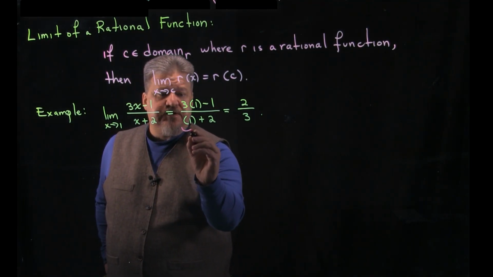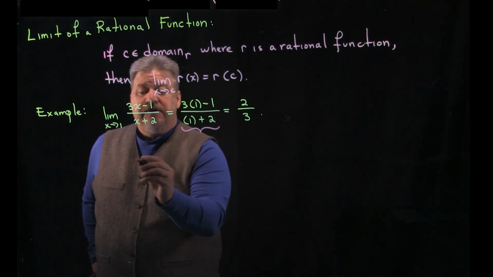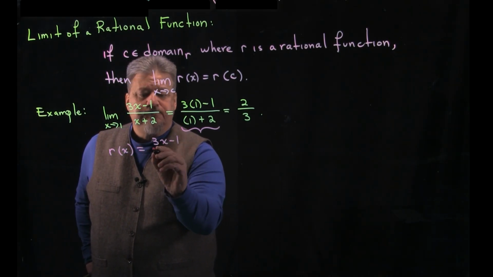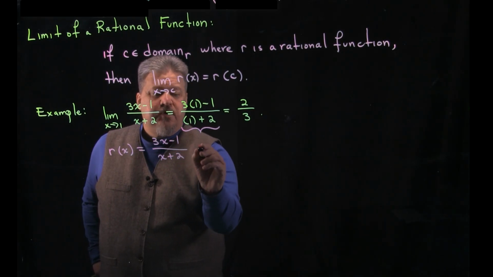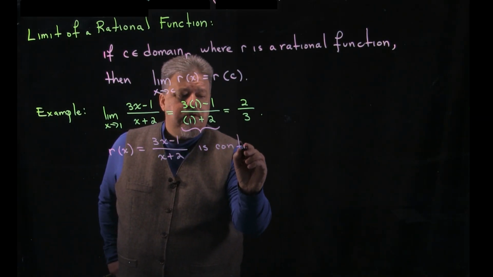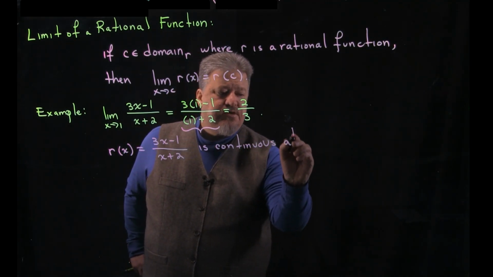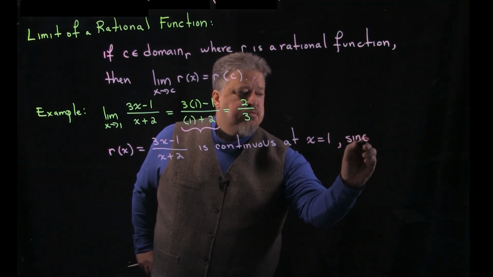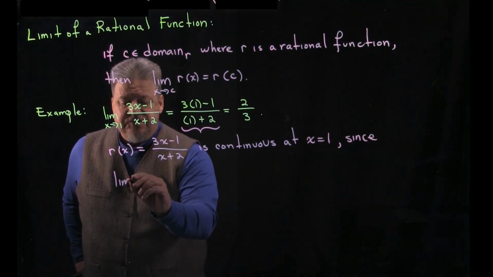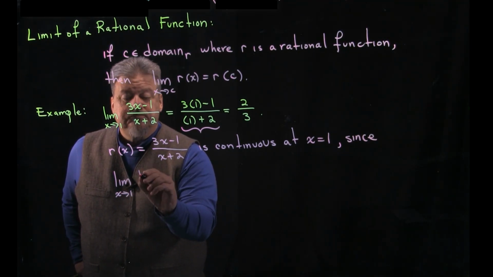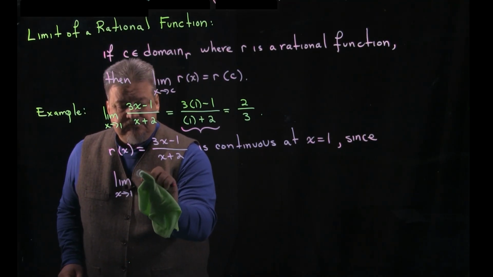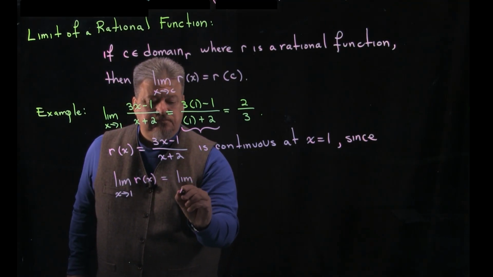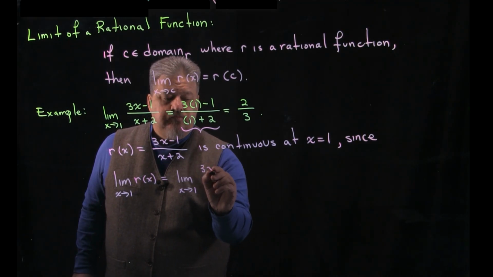Since we evaluated this limit functionally, we know that R of x, defined this way, which is the same function, is continuous at 1, or sometimes we write at x equal 1, since the limit, as we just demonstrated, the limit as x goes to 1 of R of x exists.